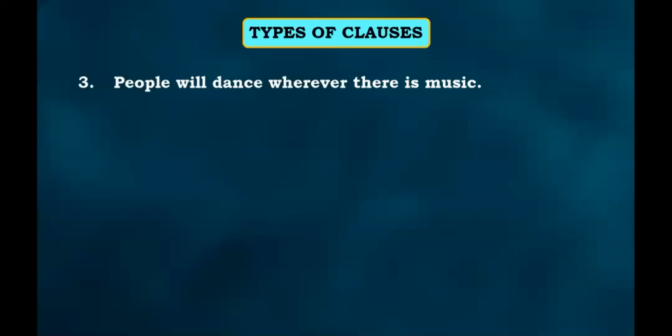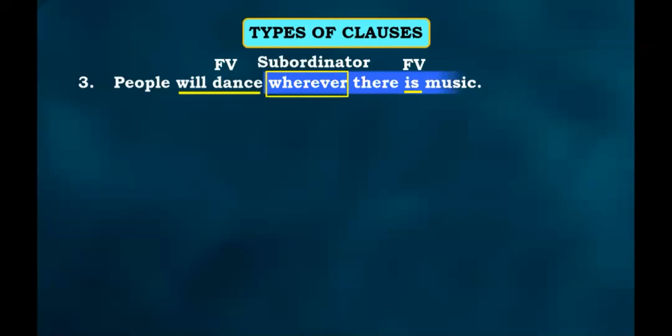Which is the subordinator? Very good. Wherever. Wherever पूरा आएगा, it is one word. So will dance is a finite verb, is is a finite verb, wherever is your subordinator. So subordinate clause begins with subordinator. So wherever there is music is your subordinate clause. People will dance is your main clause. Very clear with this?